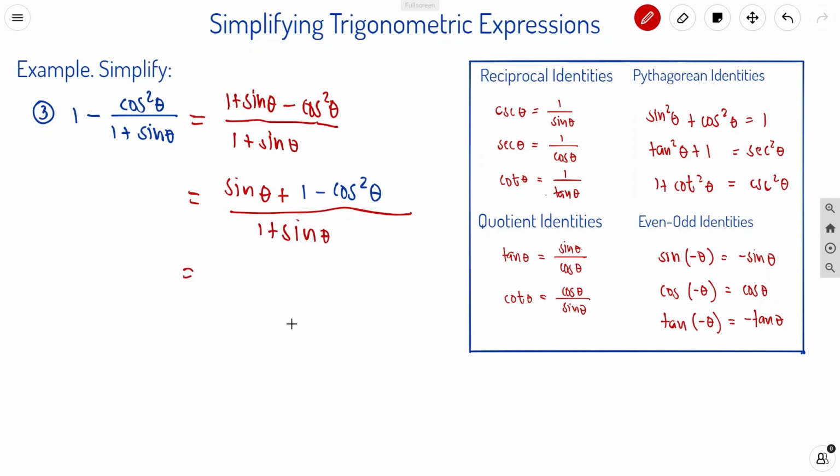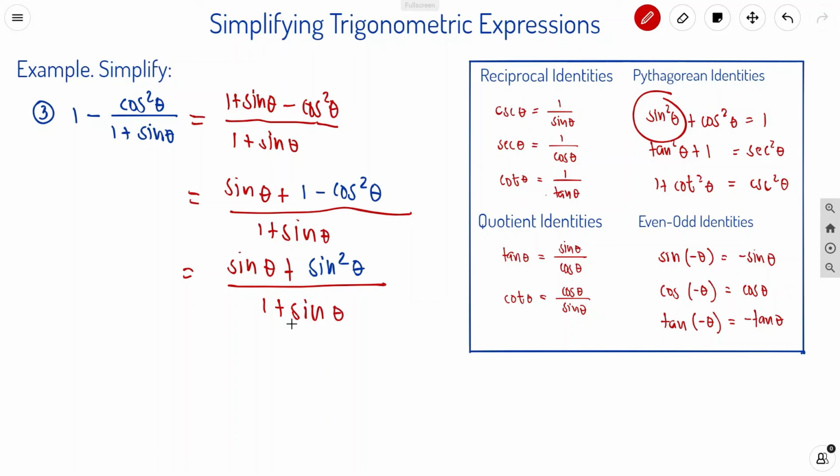Kung makikita natin dito, si 1 minus cosine square theta, that is just equivalent to sine square theta, which is a Pythagorean identity. So applying the Pythagorean identities, that will give us, into our new expression, sine theta plus sine square theta, then over 1 plus sine theta.